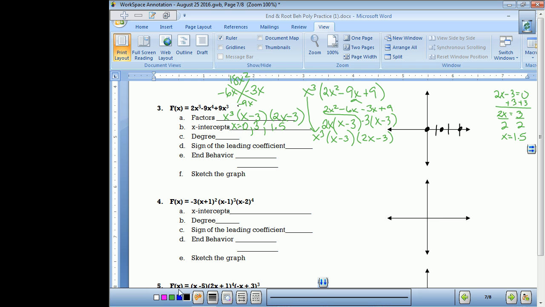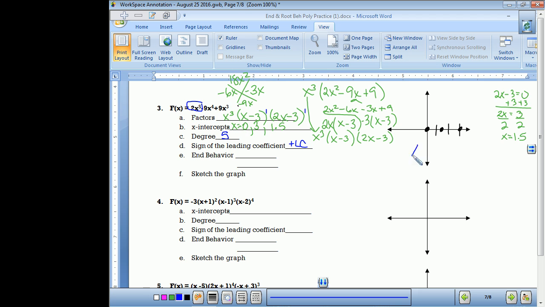Alright, so I'm going to come back over here and check out the degree of the function, which is 5. Now I can look for the 5 here, or I can count it here. 3 plus 1 plus 1 is 5. Whichever one you're most comfortable with. And then the leading coefficient, we have a positive leading coefficient.